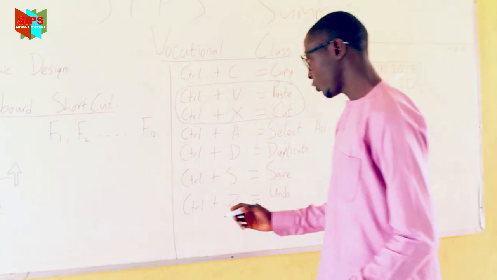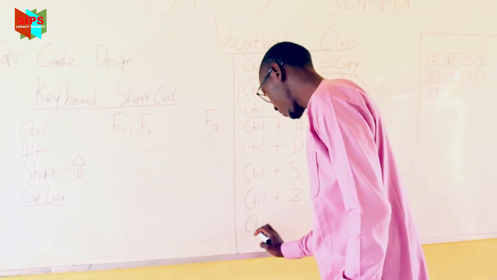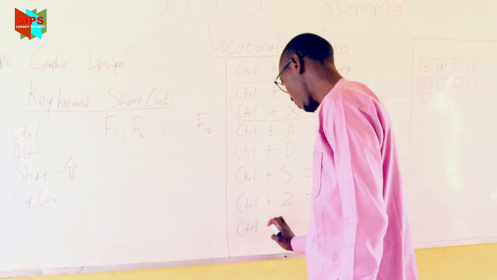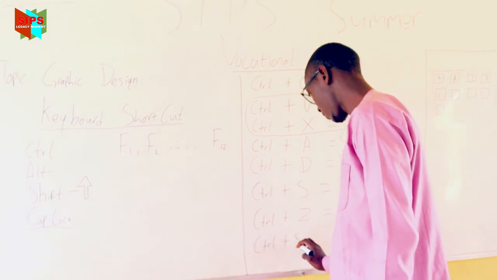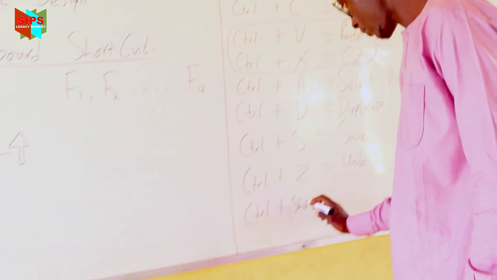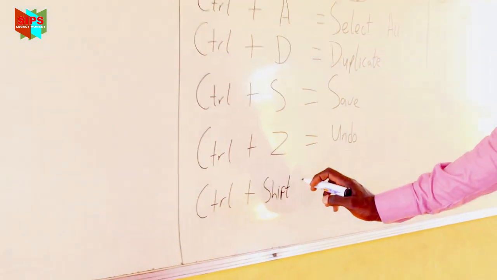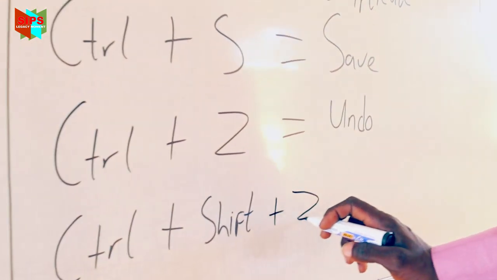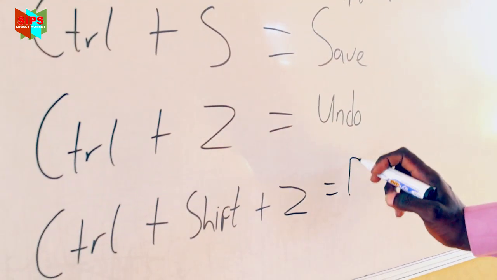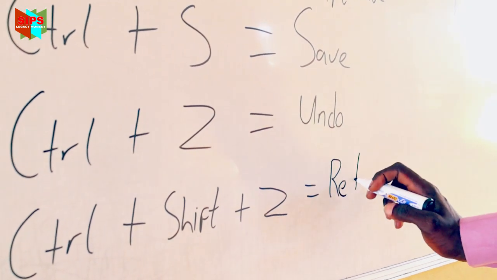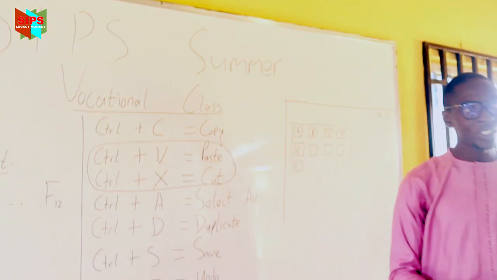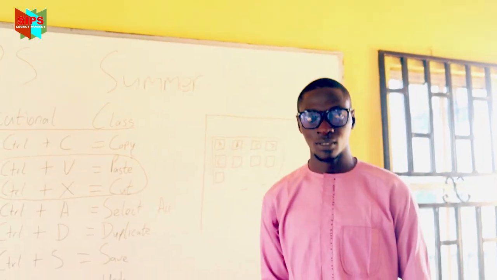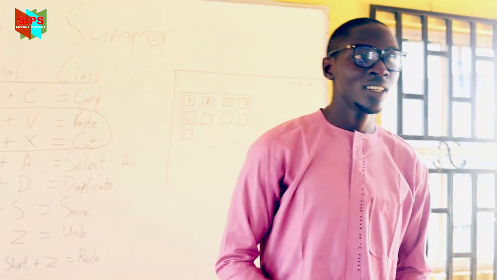Then, let's say you changed your mind. This is where Shift comes in. Let's say after undoing the action with Control Z, you say, oh, I've changed my mind.